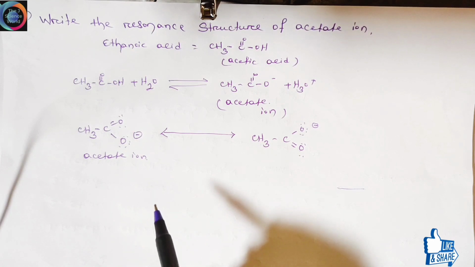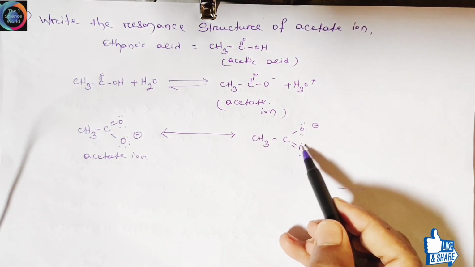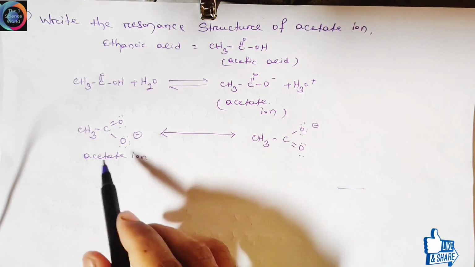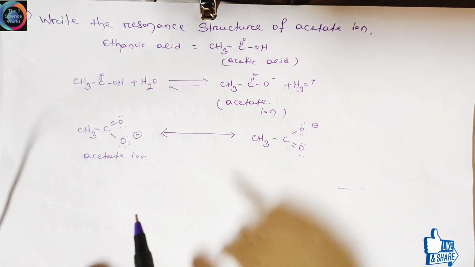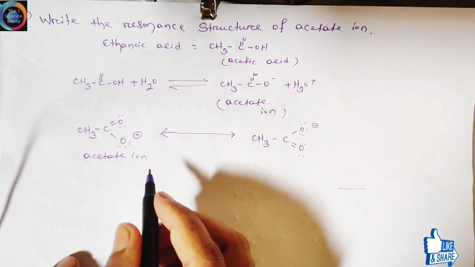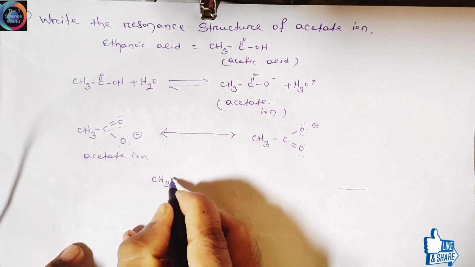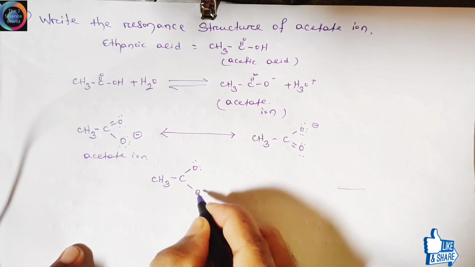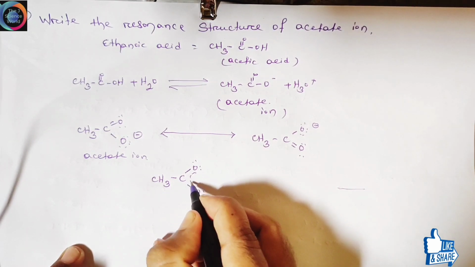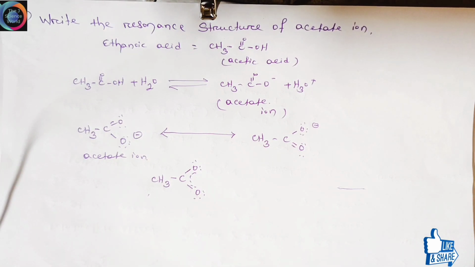Since these two structures are equivalent, they contribute equally. You clearly see these two structures contribute equally to the actual structure. Let's try to understand the actual structure. It can be represented like this, this is our actual structure of the acetate ion.